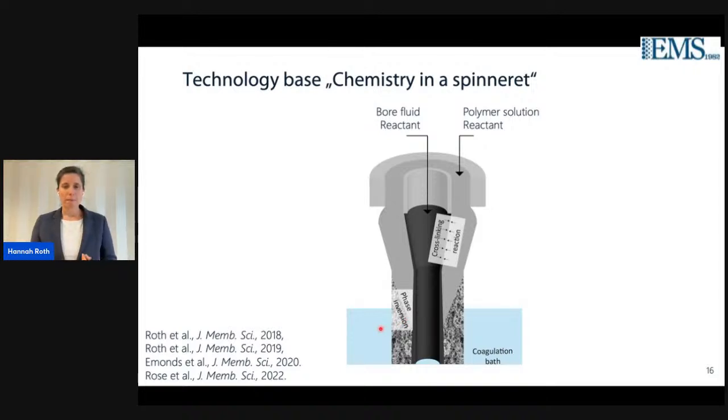And in my PhD time, I worked intensively on this topic, and then also continued working on ideas with group members in Aachen, and now also my PhD students here in Twente further continue innovating with this concept.